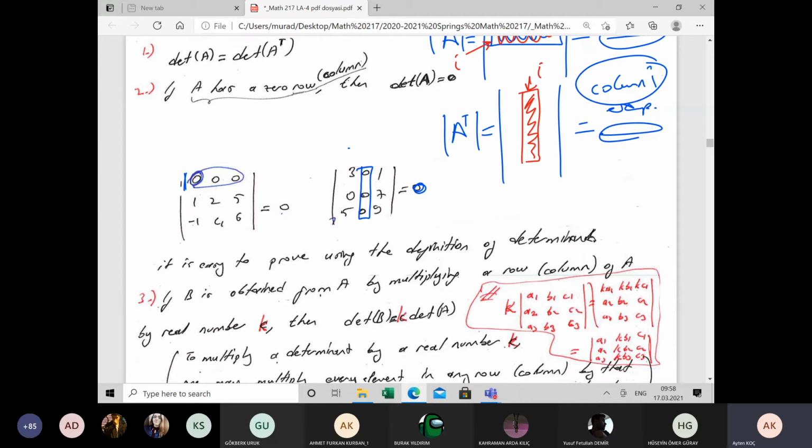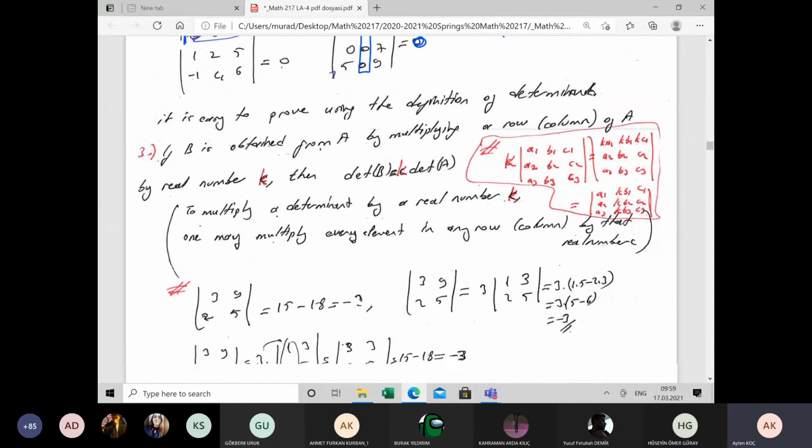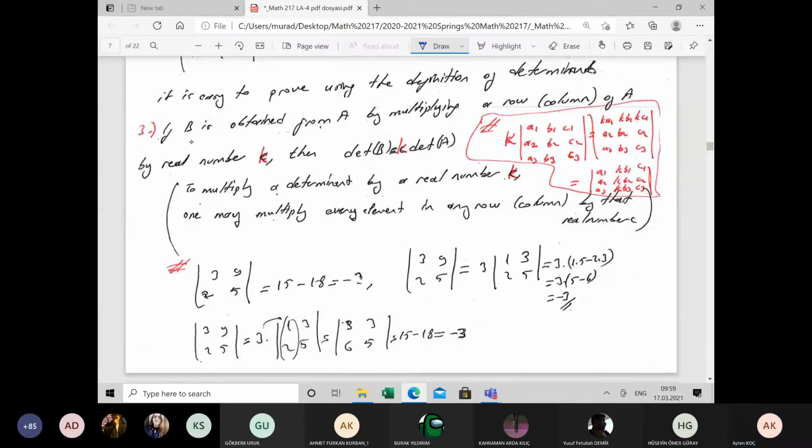So the next property: we have one matrix A, and we have another matrix B. B is obtained from A, meaning we start with A and use an operation.